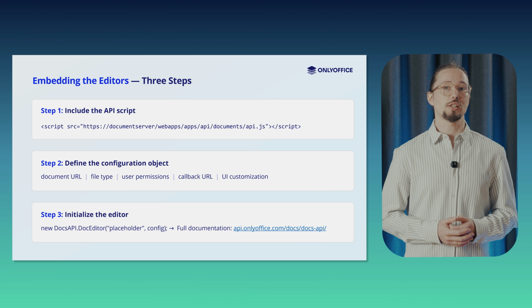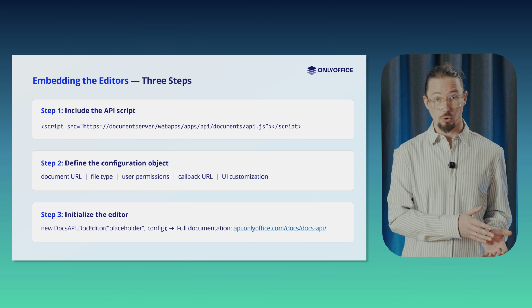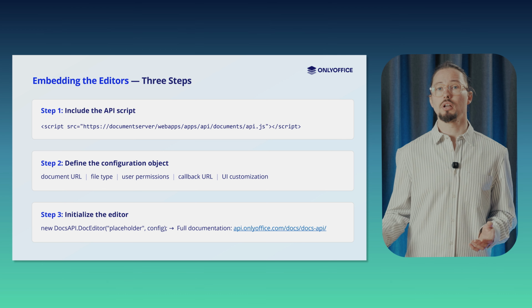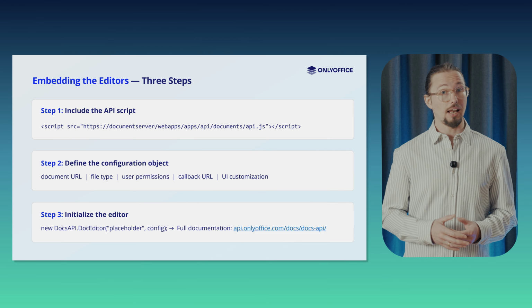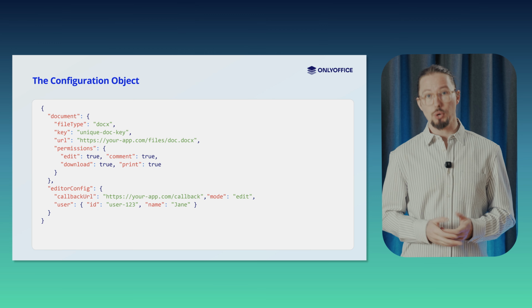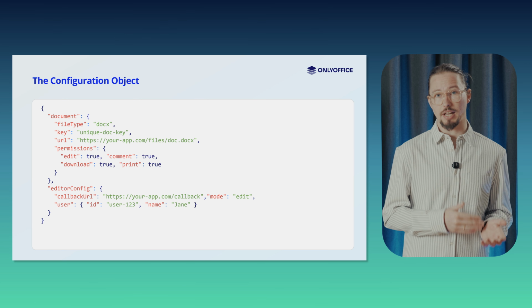The config object is where the real power is. It controls everything. The document source, the file type, the editing mode, which toolbar buttons are visible, whether downloading or printing is allowed, user identity, language, and more. Let's look at a simplified config. You have the document block, that's the file URL, the key, and the file type.